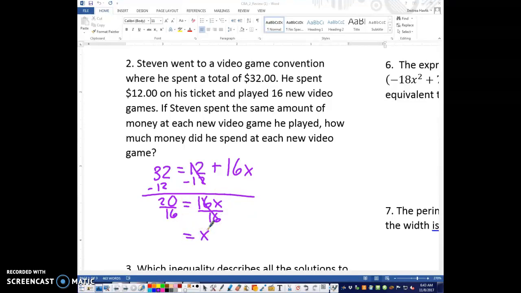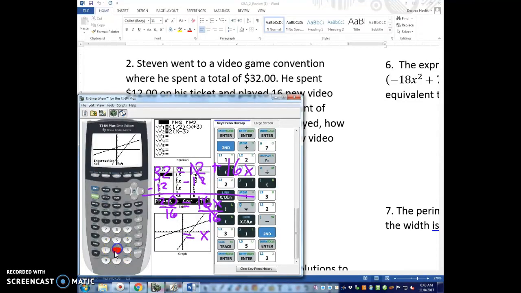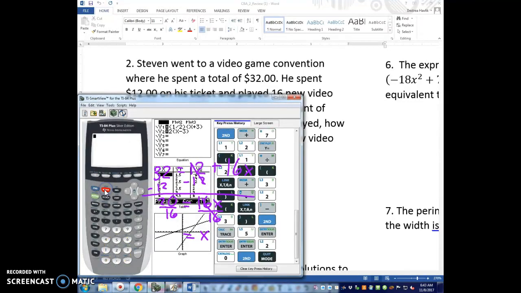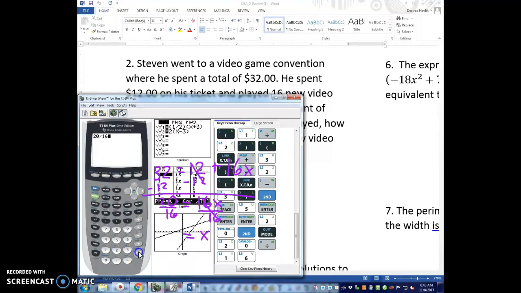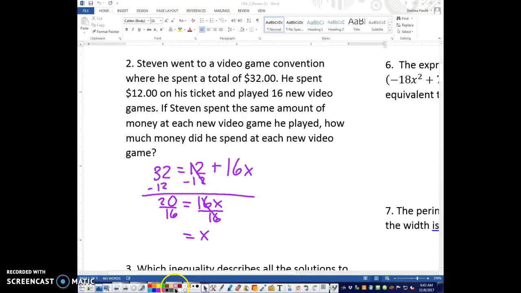X equals, let's see what 20 divided by 16 is. $1.25. Because this one's talking about money, so we're not going to put it in fraction form. It's $1.25 for each video game. If you don't want to use the equation to figure this one out, there are other methods you could use to figure this out. Just like common sense.